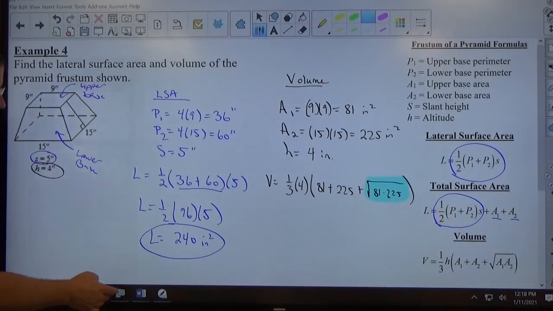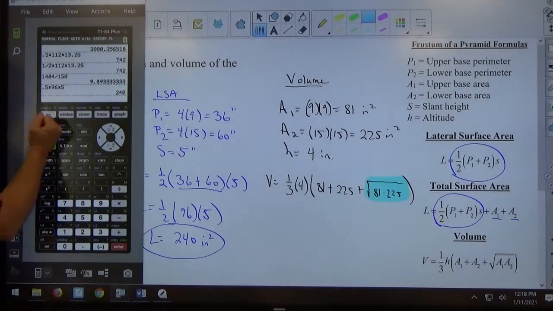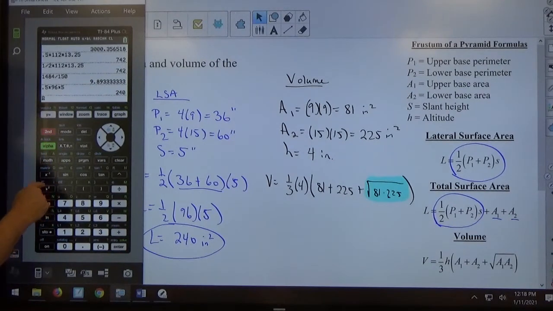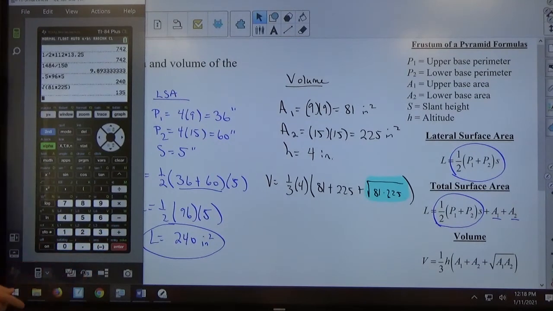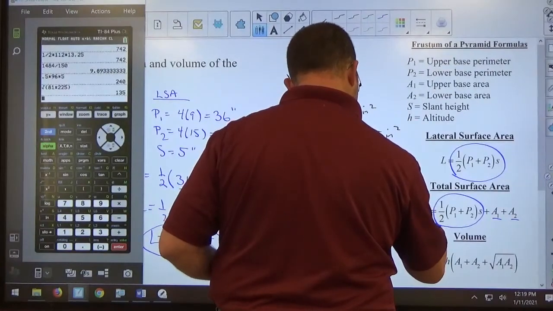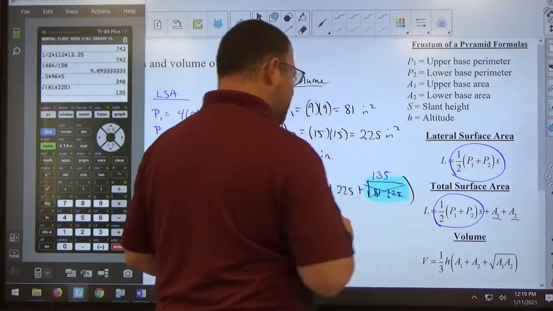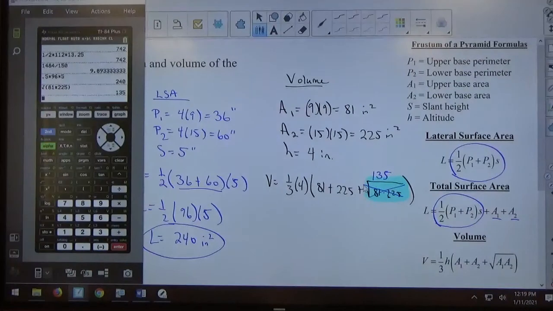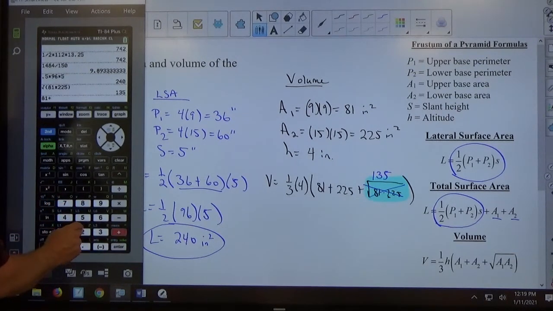If I were to grab a calculator, just punch that little bit in, square root of 81 times 225, that comes out to 135. Even if that came out to a decimal, just let the decimal be there, all right? But the square root of that times that is 135. And inside that parentheses, I've just got a whole bunch of stuff being added up. So I would probably 81 plus 225 plus 135. Just go ahead and evaluate all that parentheses stuff.